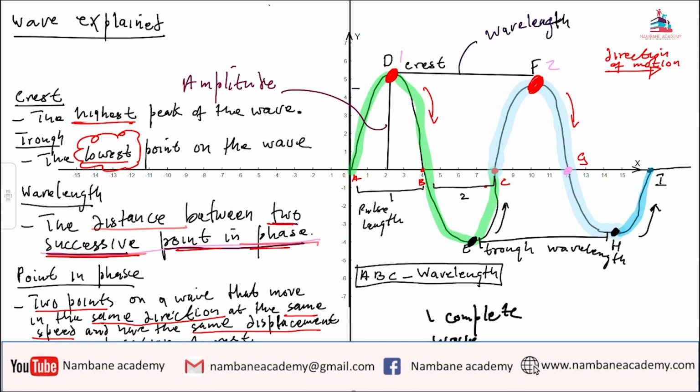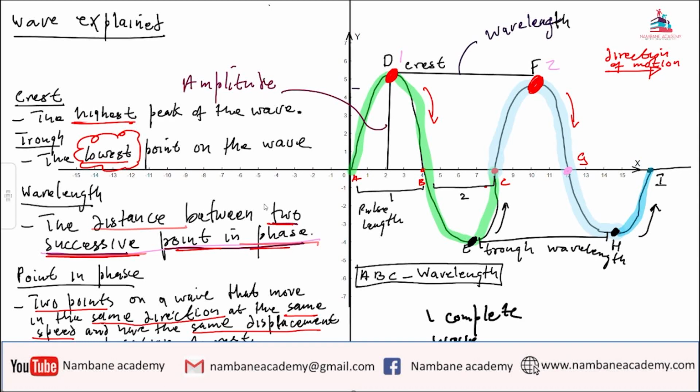Successive points means what? When I look at E and H as the 2 points that are in phase, how can we tell they are 2 points that are in phase? Because 2 points on a wave that move in the same direction at the same speed and have the same displacement.